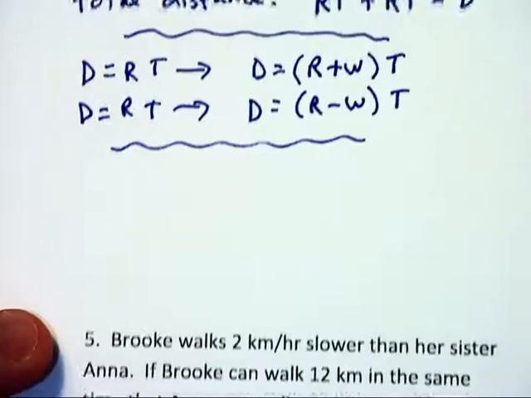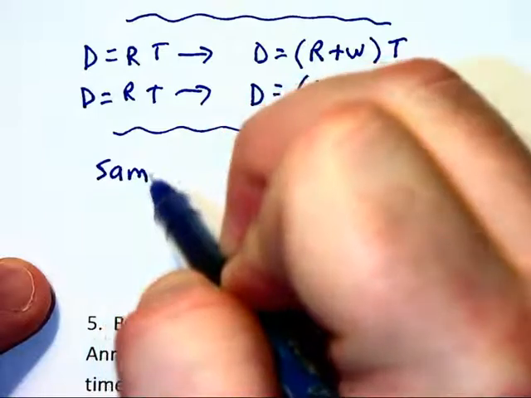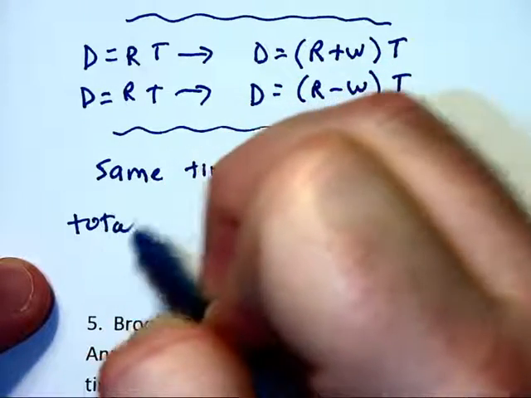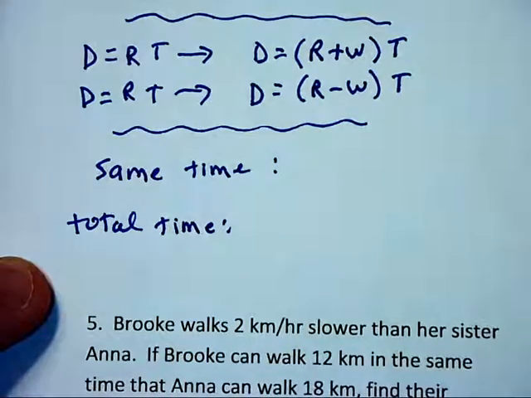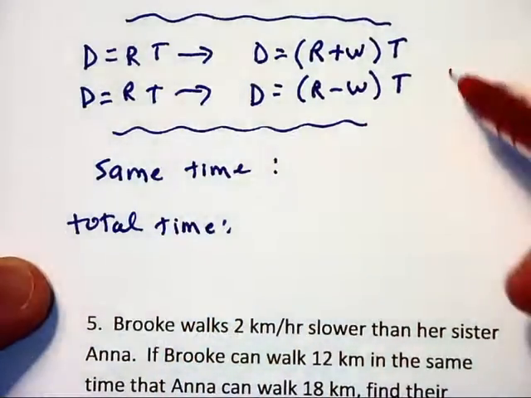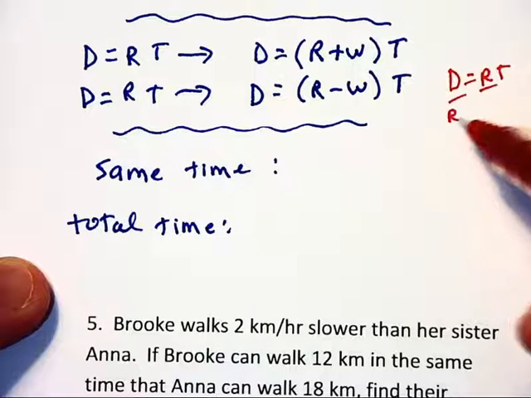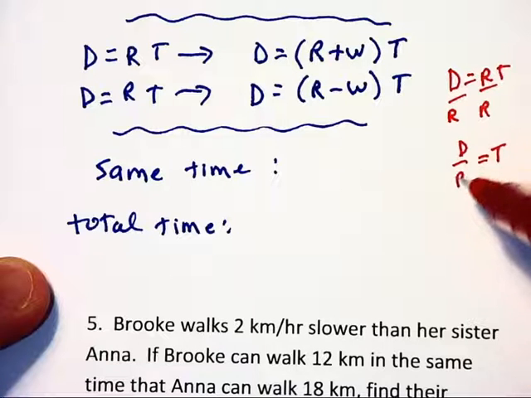What I'd like to take a look at this time is to focus on the same time and the total time pattern in these next couple of problems. Now, if distance is equal to rate times time, as you well know, you can divide by r on each side and see that time is equal to d over r.